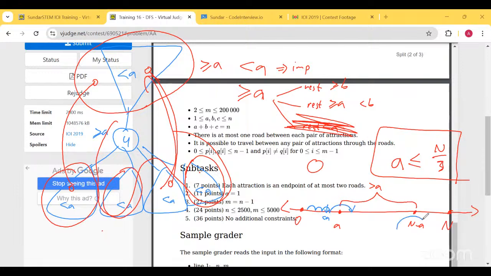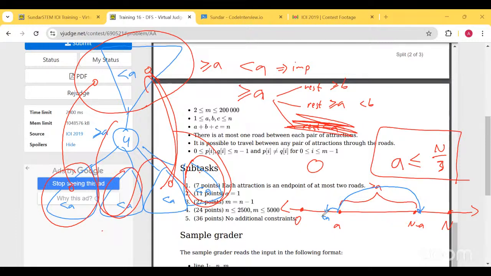Then it is always less than n minus a, right? Never exceed n minus a. So there is no case where we add here and then jump directly here, skipping all of this. It is impossible.